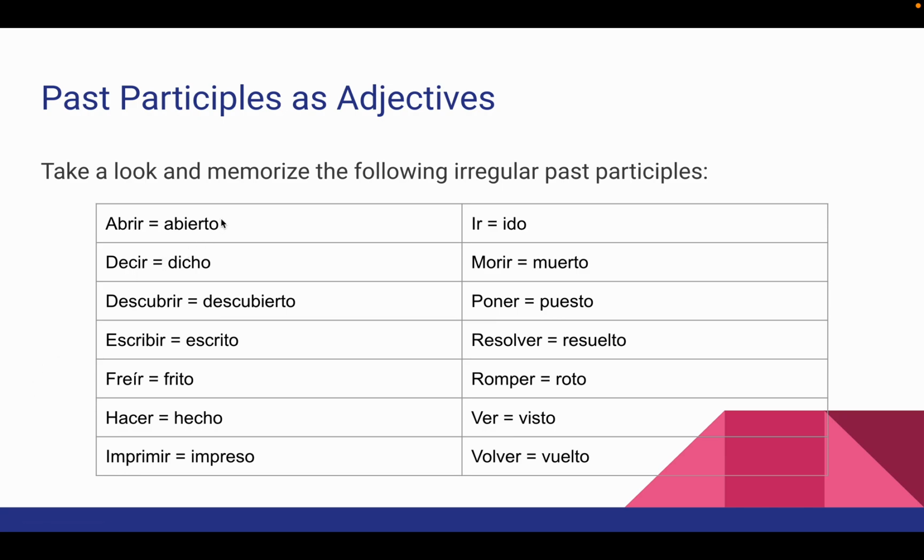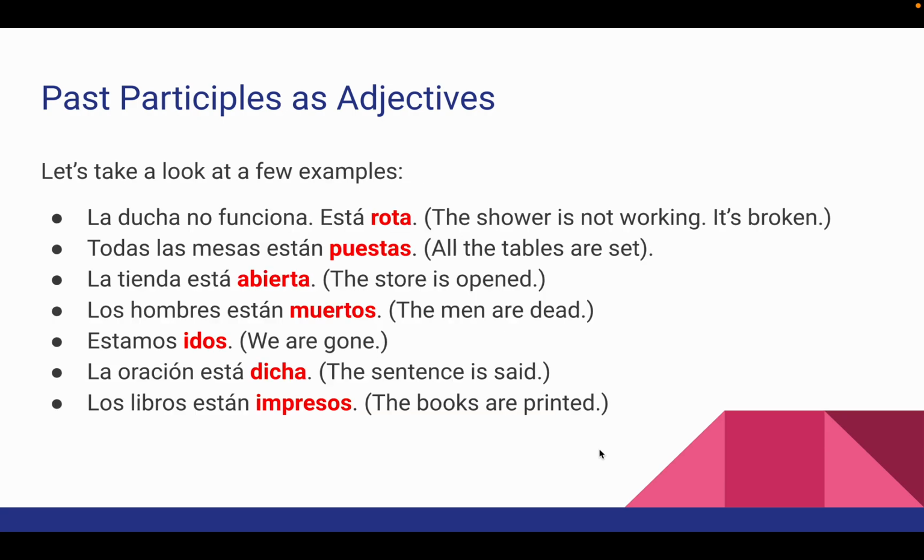So this is opened, said, discovered, written, fried, made, printed, gone, ido means gone, dead, put, resolved, broken, seen, returned. So those are some irregular past participles.